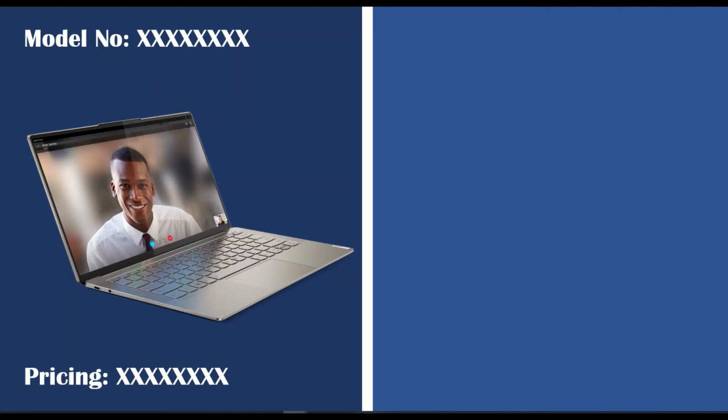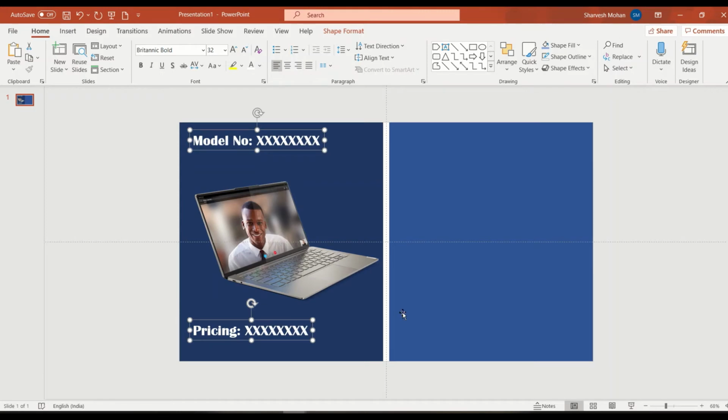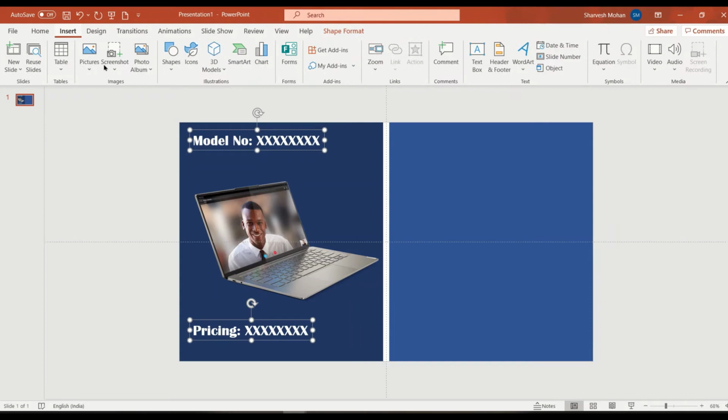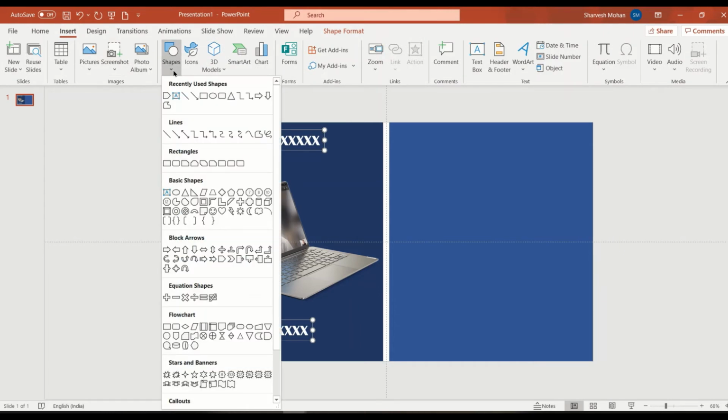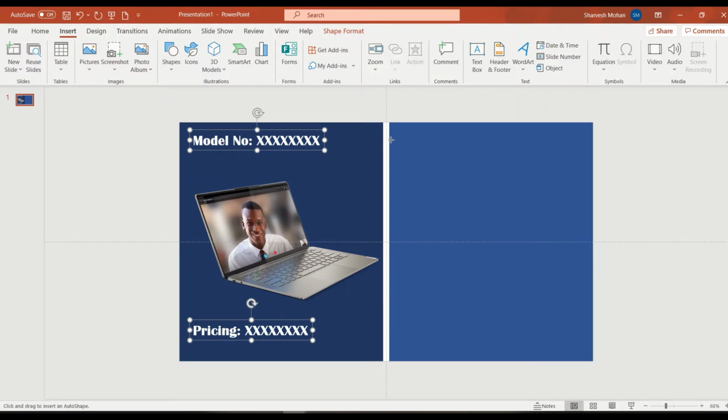Now we'll insert one more shape for displaying the specifications. Go to Insert, Shapes. Under Block Arrows, take this shape called Pentagon arrow. We'll click on this and paste it like this.